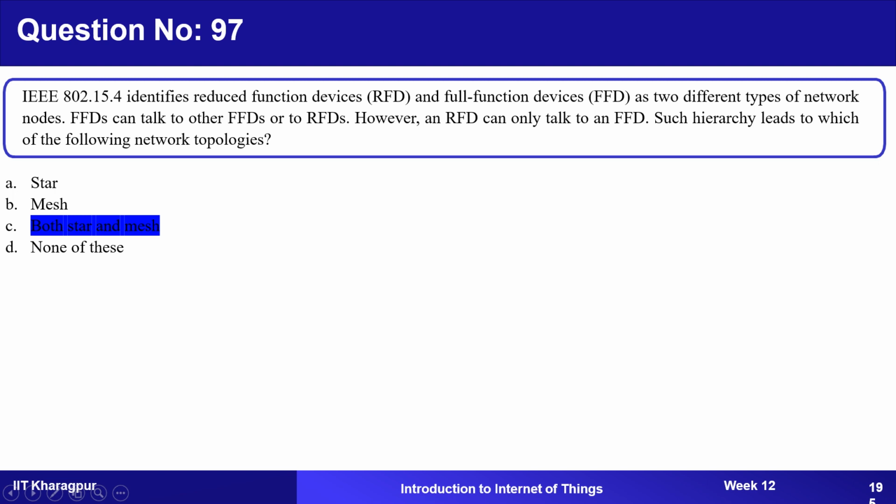How will it be, ma'am? Basically, in the question, it is given that there are two types of nodes: one is your RFD and the second is your FFD. An FFD can talk to other FFDs and also to RFDs. However, an RFD can only talk to an FFD. In the case of mesh topology, it's not always necessary that each node is interconnected to every other node.